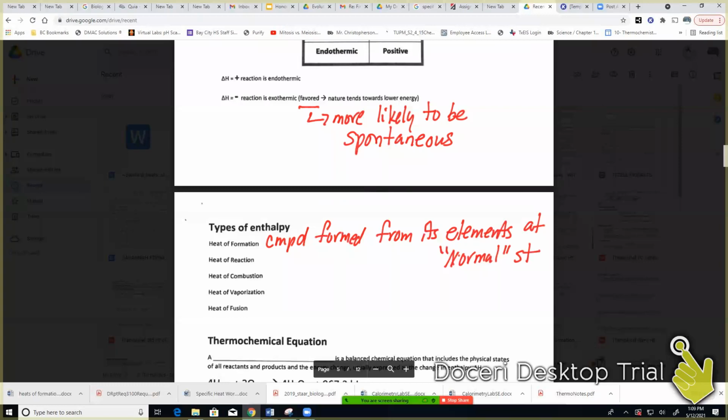What I mean by that is the elements as they exist on the periodic table. An example would be hydrogen gas plus oxygen gas coming together to form water. Then you would look water up and you would have a heat of formation, how much energy it either took or released to form that product. And that's what all of these are. These are all heats of formation, how much energy it took to form these different compounds.